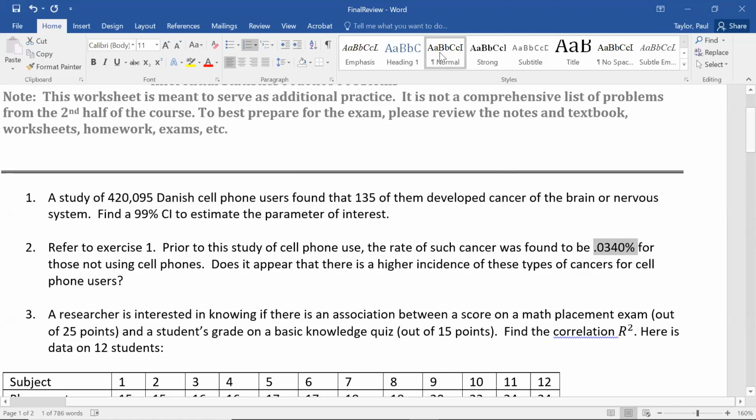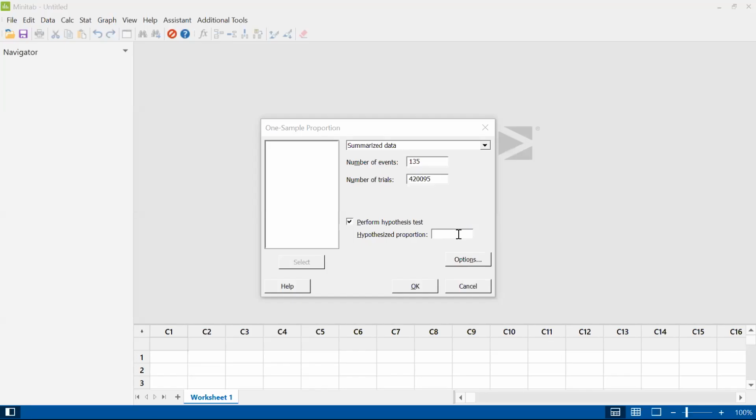So why don't we run both tests at the same time and do question 1 and 2 simultaneously. So 0.034, well, that's not in percent form. I needed to add a couple of zeros. So it was 0.034%. And in this box, 1% would be 0.01, 50% would be 0.5. So we need a couple extra zeros so that 0.034% is 0.00034 in proportion form.